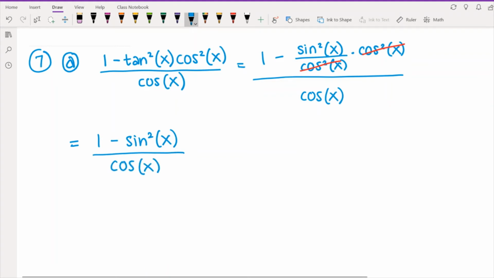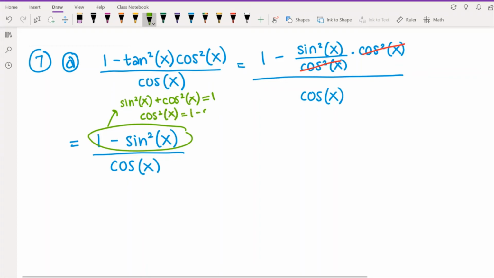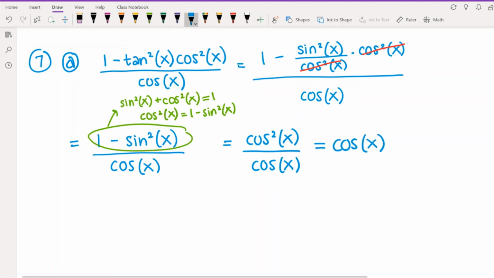Now 1 minus sine squared of x is a trig identity. We know that sine squared of x plus cosine squared of x is equal to 1, and so 1 minus sine squared of x is equal to cosine squared of x. So we can replace 1 minus sine squared of x with cosine squared of x, and we have cosine squared of x over cosine of x, which simplifies to just cosine of x.